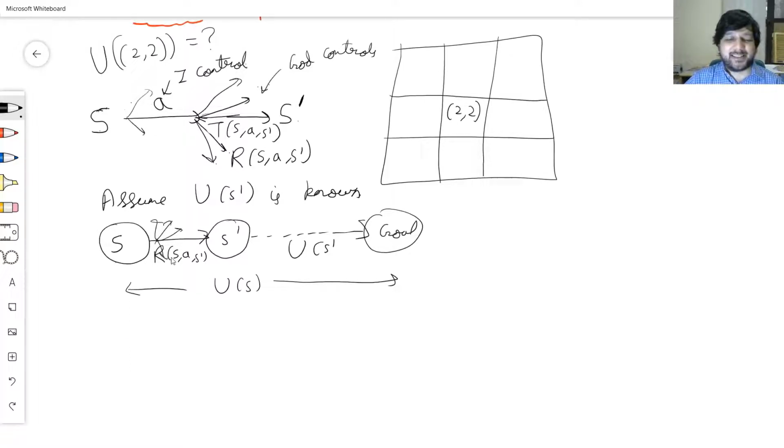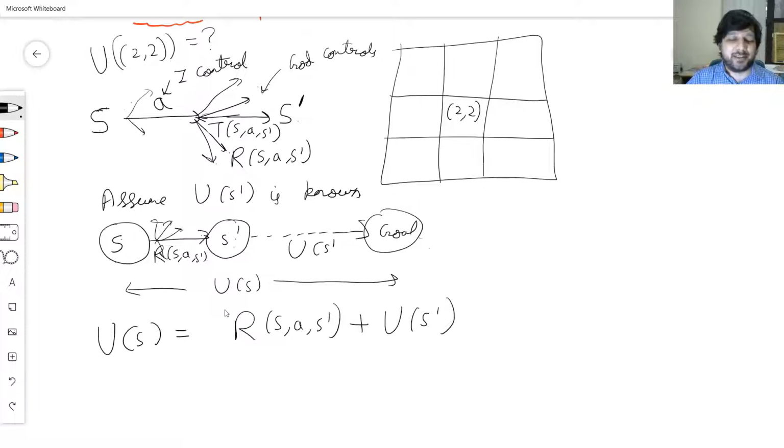So of course I say this is equal to this plus this, or U of S is equal to R(S, A, S dash) plus, from S dash to goal, U of S dash. And many such S dashes are possible.